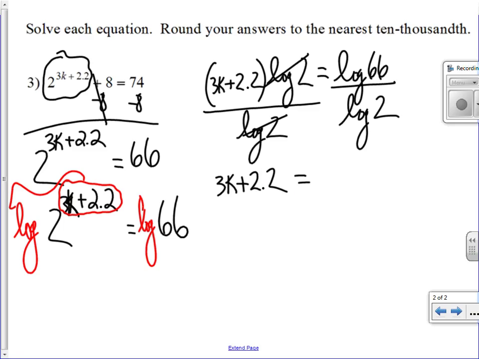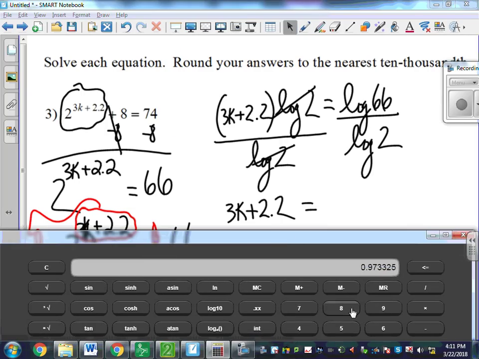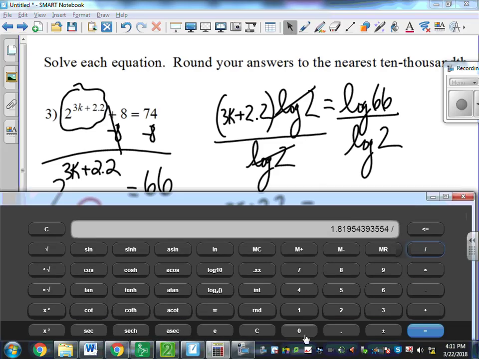And now it's calculator time. It's necessary so you guys can see how I'm getting the result. 66 log it divided by what? 2 log it. Punch in 2.